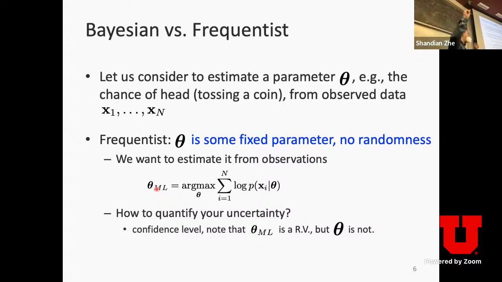The parameter value is always fixed. Say the parameter value may be 0.7. I just don't know 0.7, but I don't believe 0.7 is associated with any randomness. On the contrary, the randomness is only in my estimate. Say my estimate is 0.6, which comes from an average of 100 tossing experiments.